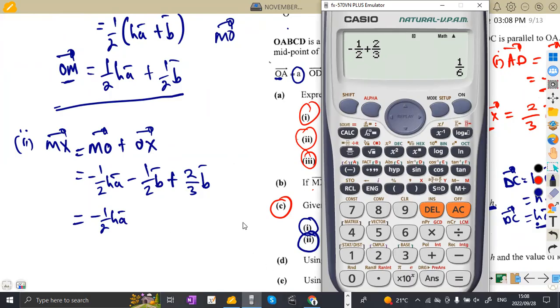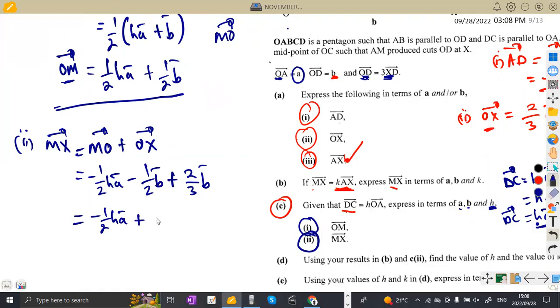And that's 1/6 B. So this is going to be plus 1/6 vector B. All right, so this is your vector MX, the one that you're having here. I think it's actually clear. All you needed, guys, was to work on this question. It was actually an interesting question. On the other end, it was a hectic question, but I just hope we see what is happening here.